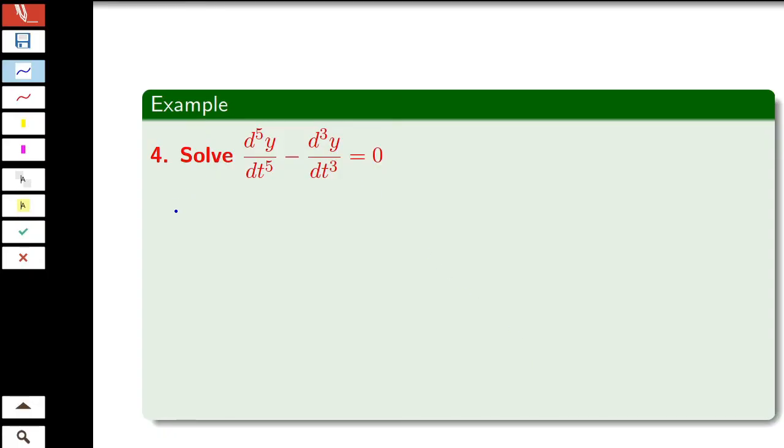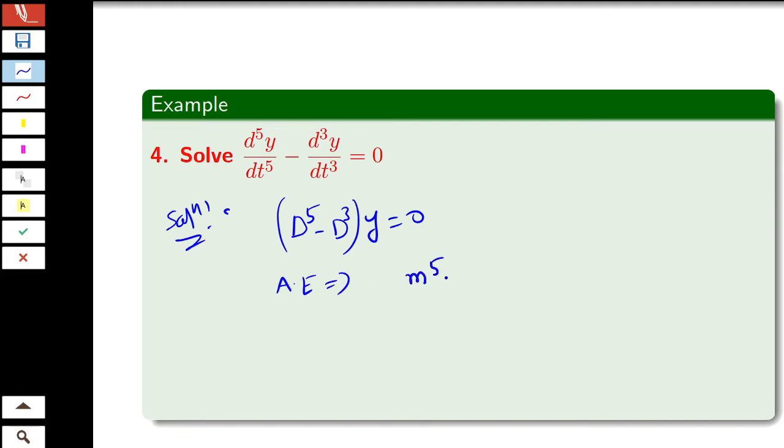Come to example 4. Here solution. Here also the independent variable is t. D power 5 minus D cube into y is equal to 0, given. So the auxiliary equation implies m power 5 minus m cube is equal to 0.